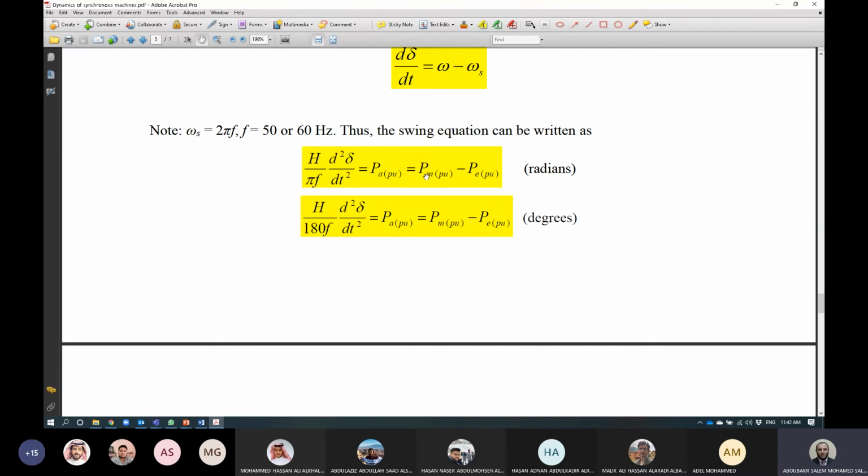So if you have Pm greater than Pe, this term will be positive, which means d squared delta by dt squared is positive. Positive acceleration means the speed is increasing. Right or wrong? Right. However, negative acceleration, or negative acceleration power, means the machine is decelerating. Right?